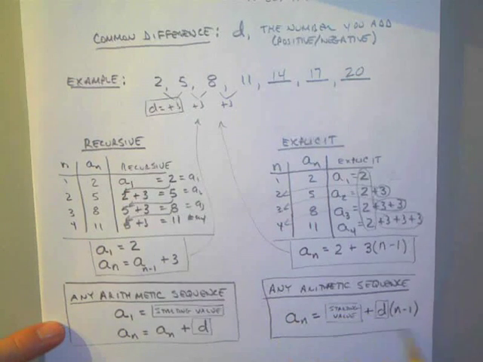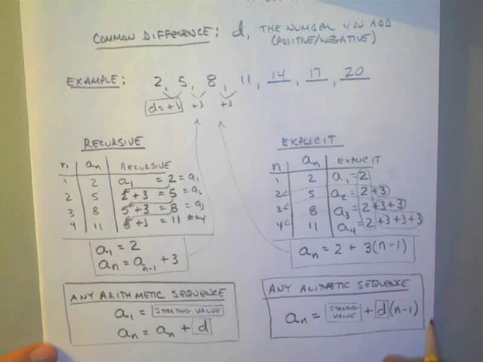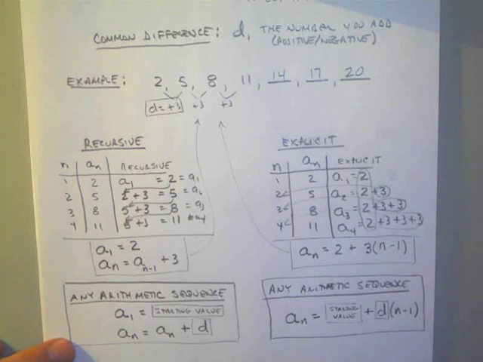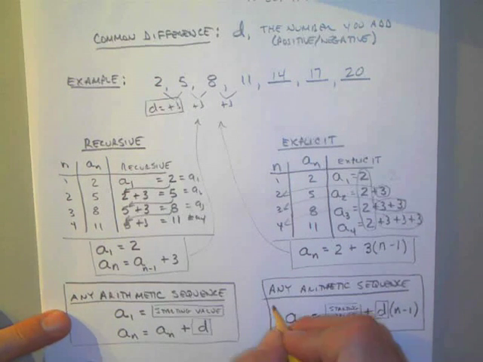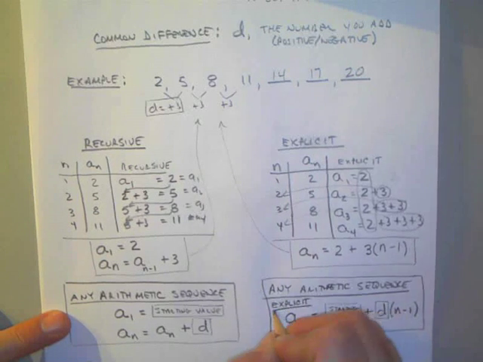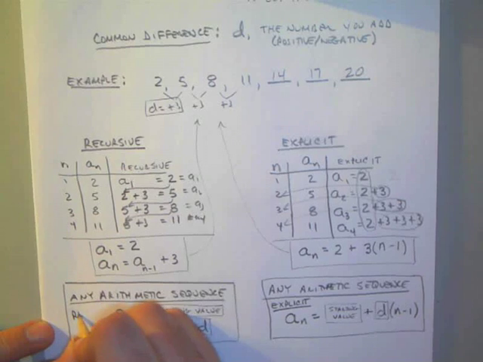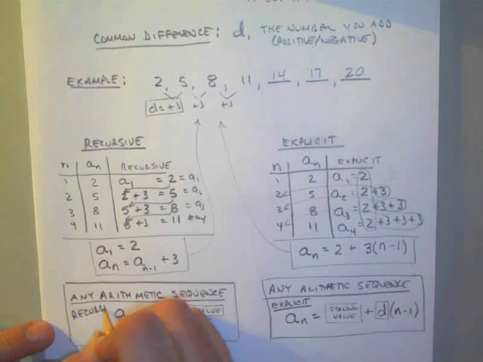So that is the general equation for any arithmetic sequence. This one is explicit, and this one is recursive.